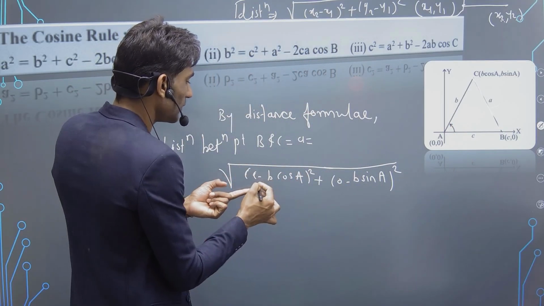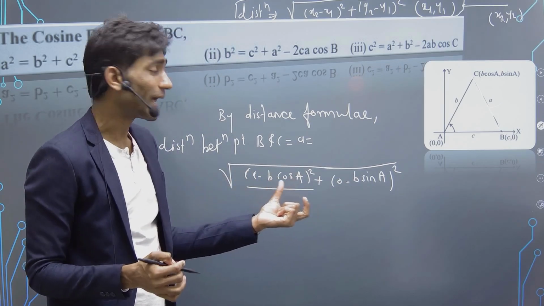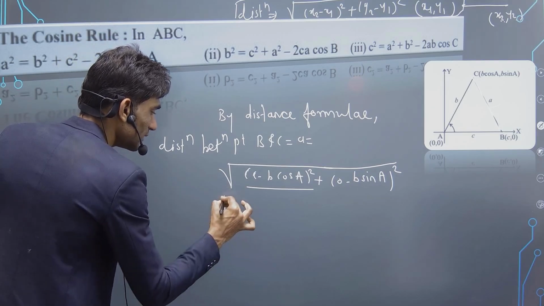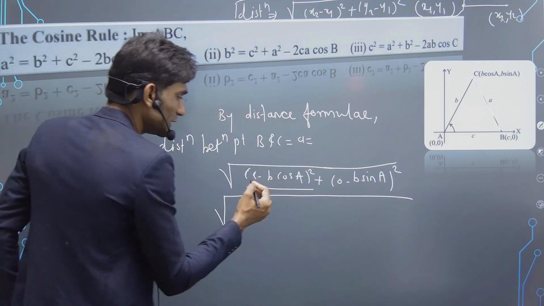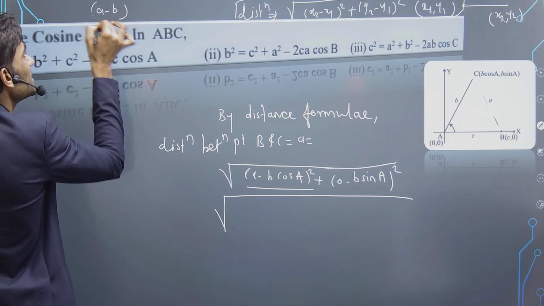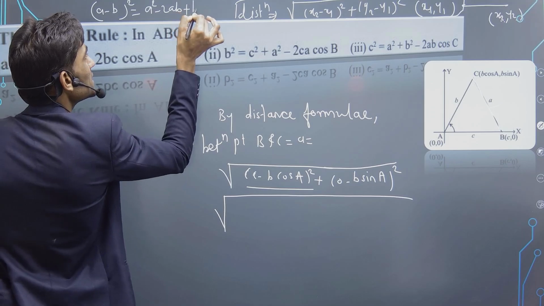First we have to find the square of the first bracket, and the second will remain as it is. What is the square of the first bracket? We use the result (a minus b) square equals a square minus twice ab plus b square.